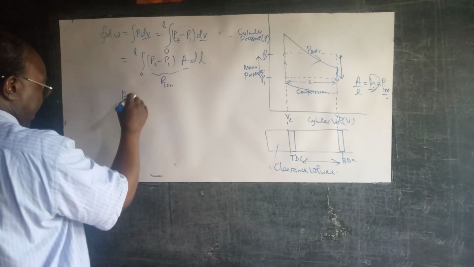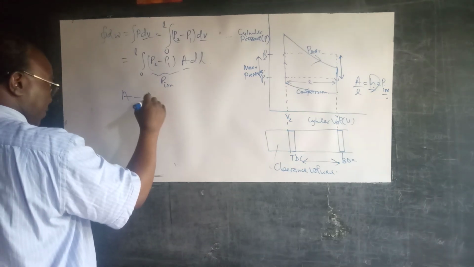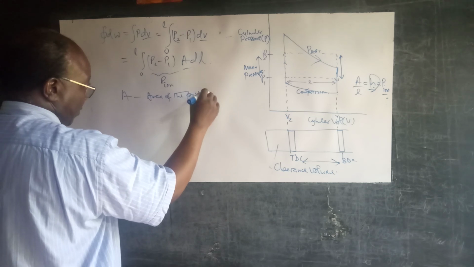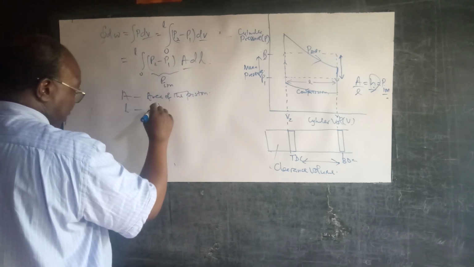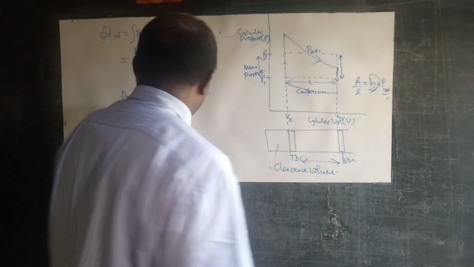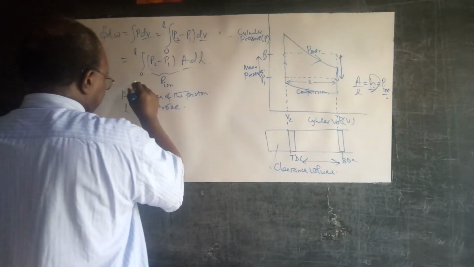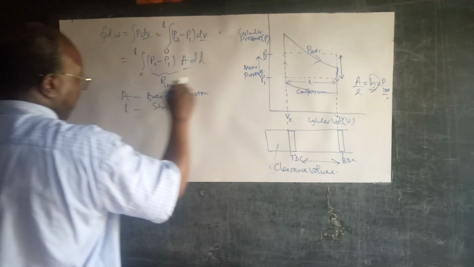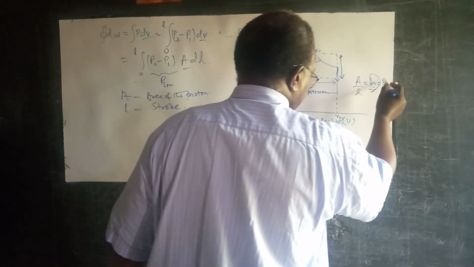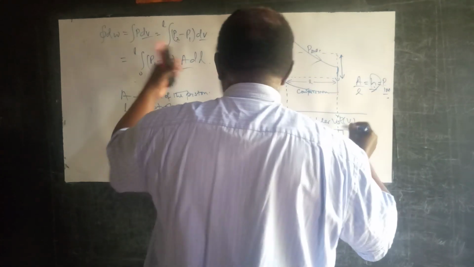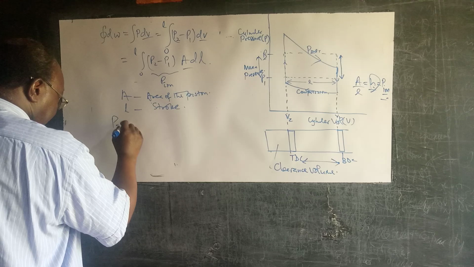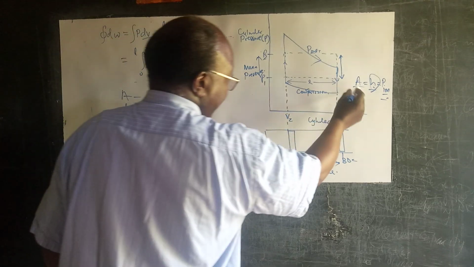Of course, A here is the area of the piston, and L corresponds to the engine piston stroke. And so this expression here will give us the work done by the system. But remember that the indicated mean effective pressure is simply that length.